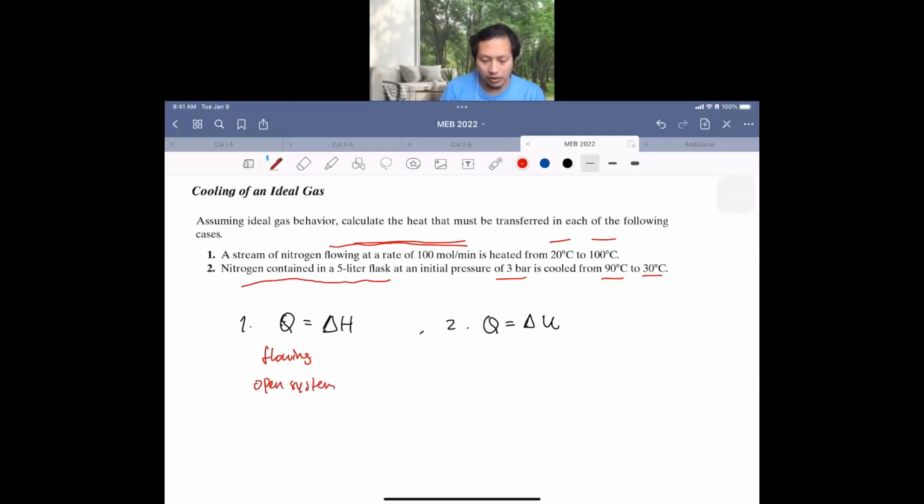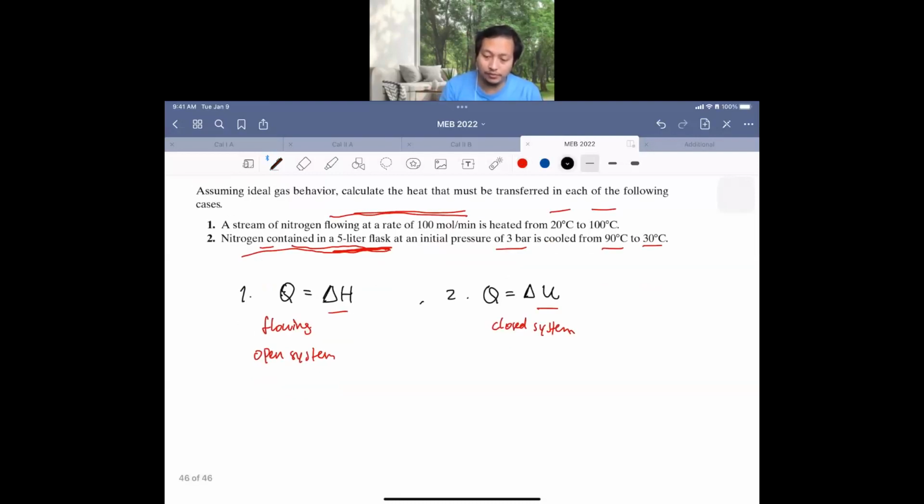For the second one, the nitrogen is contained in a 5-liter flask, so it's a closed system. That's why we have the difference: this is enthalpy, this is the internal energy. But the way we look at the heat is the same, Q, the same heat transfer.